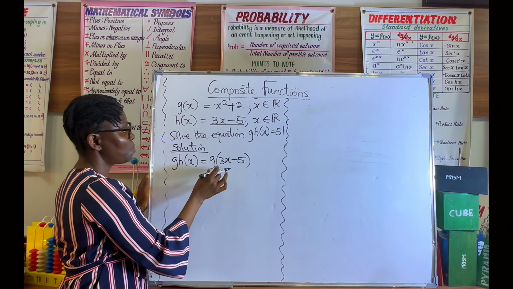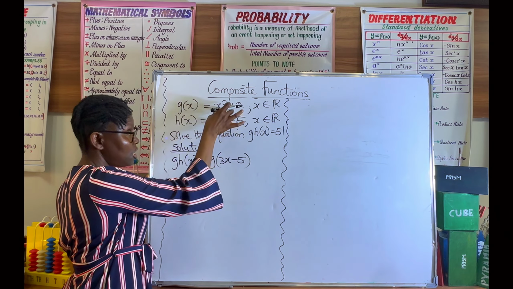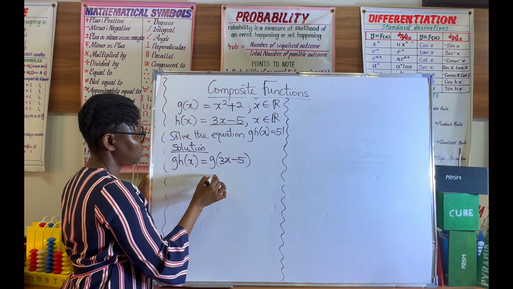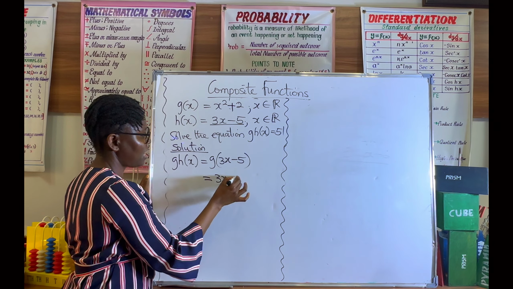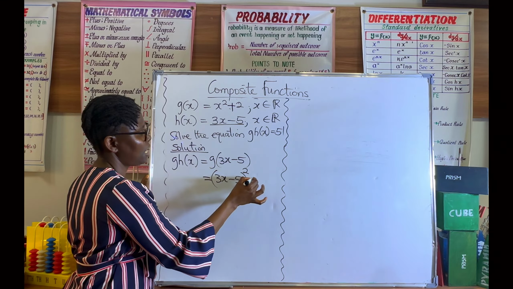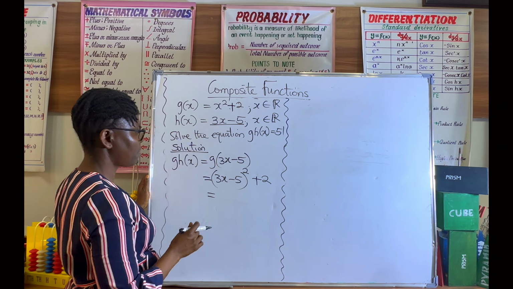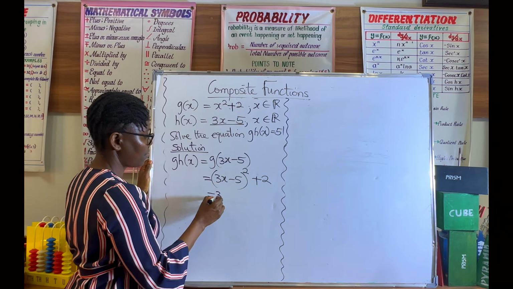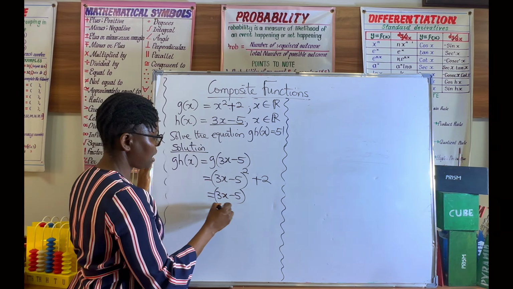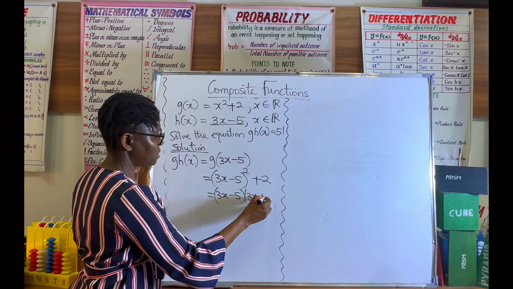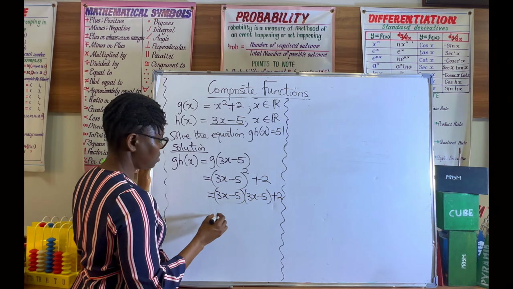So I'm going to take this into the g function: 3x minus 5 squared plus 2. And that gives me 3x minus 5 times 3x minus 5 plus 2.